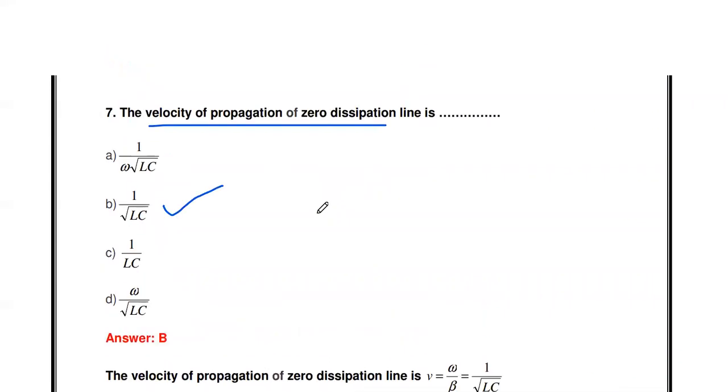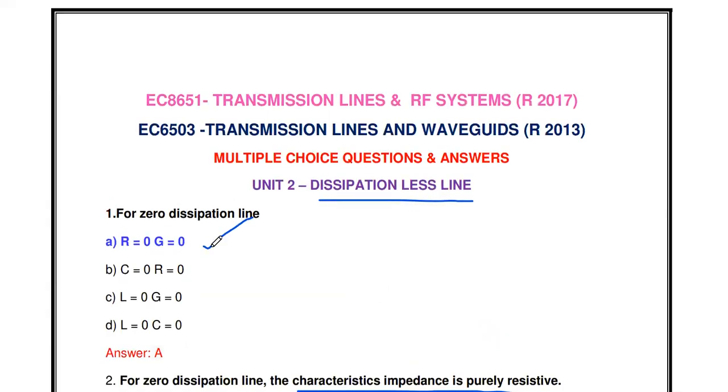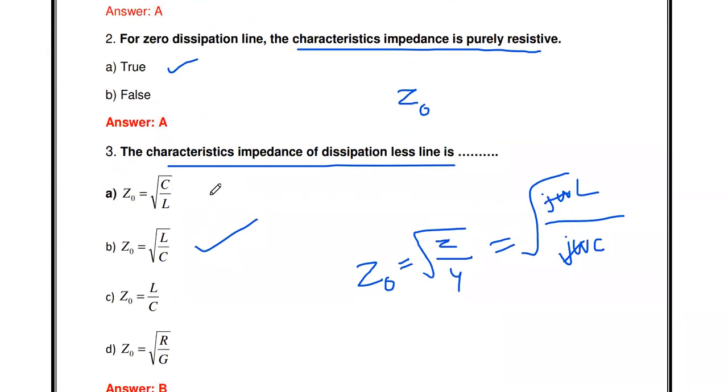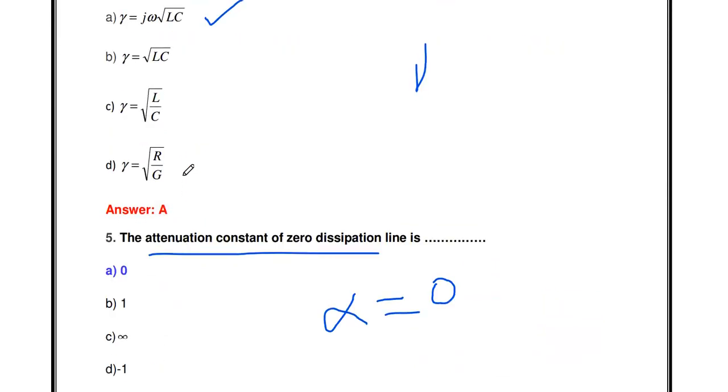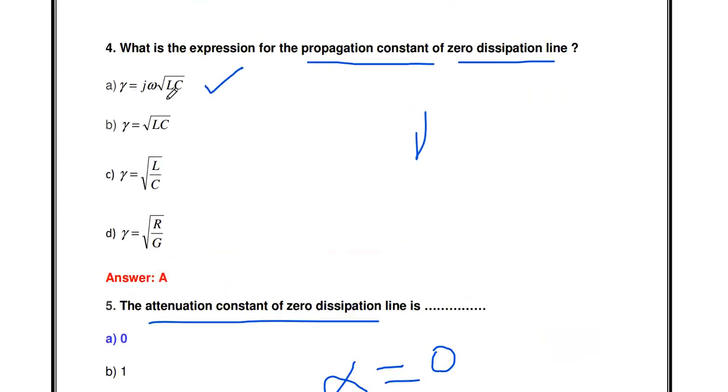So for zero dissipation line, quickly we will recall: R value and G value are 0. The characteristic impedance formula is square root of L by C. The propagation constant gamma equals j omega into root of LC.